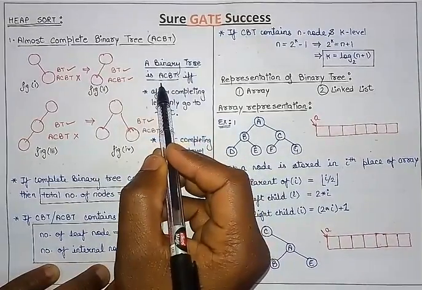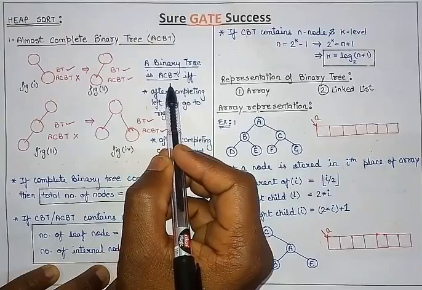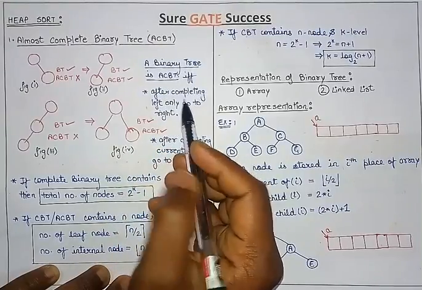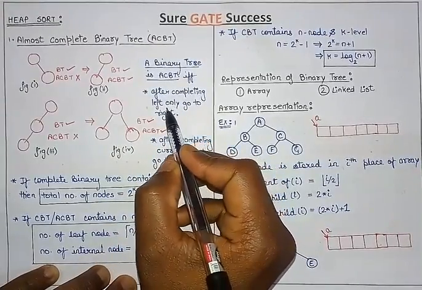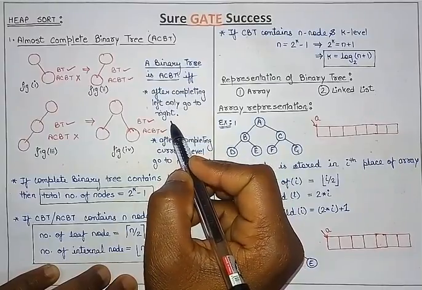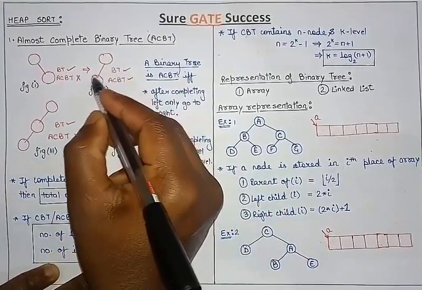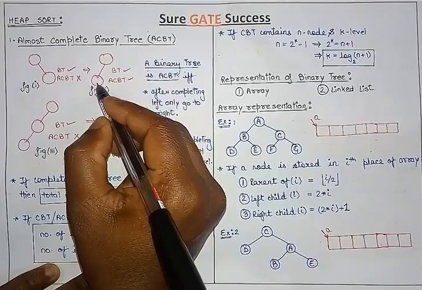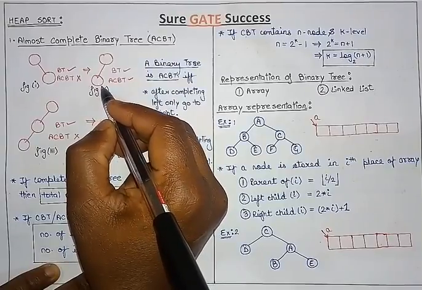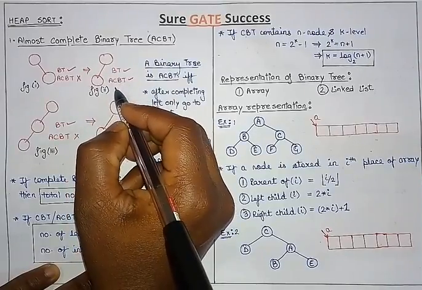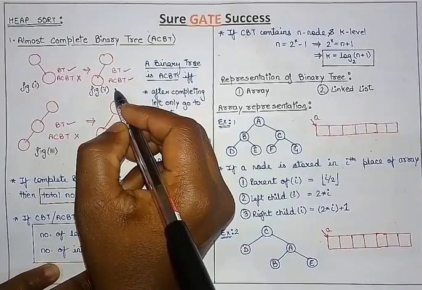A binary tree will be an almost complete binary tree if it goes to the right only after completing the left. That means if the left is completed and after the left it is going to the right, it will be an almost complete binary tree.